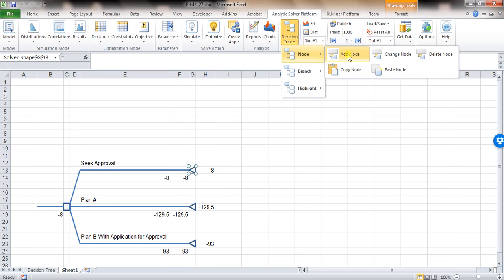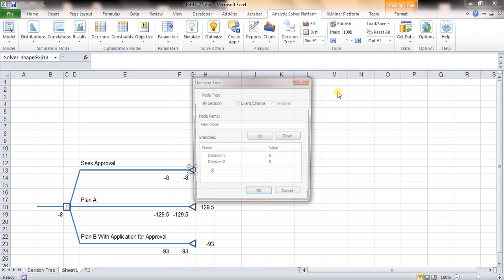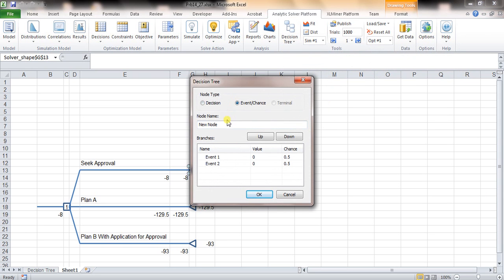So let's make it event node. Let's call it E1. And what are the two events? The approval is approved, or it is denied.